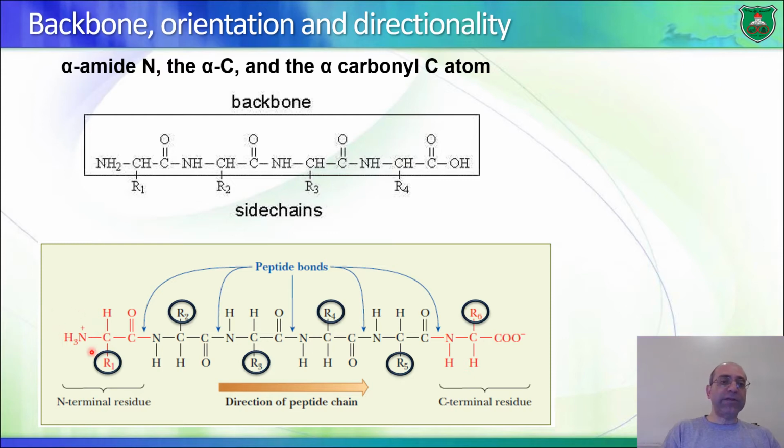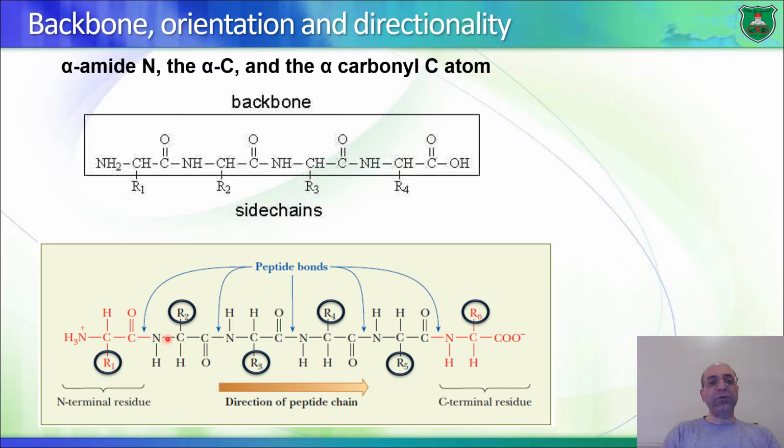The first end is known as the N-terminus of a peptide or a protein. The other end is the carboxyl or carboxy terminus. You have two opposite ends because one end is positively charged and the other end is negatively charged. The end at the N-terminus, which has the amino group, is amino acid number 1.